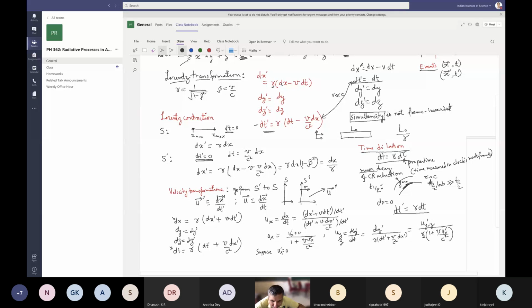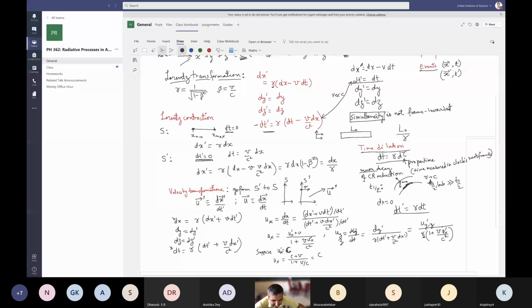That is, you are looking at light traveling in the x direction, so its velocity will be c. And so let's measure ux. What is ux? This is equal to c plus v divided by 1 plus v by c. What is that? That is nothing but c, right?